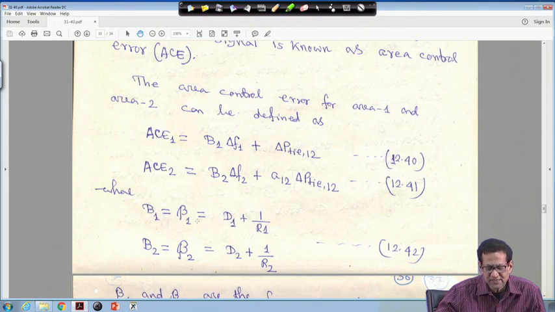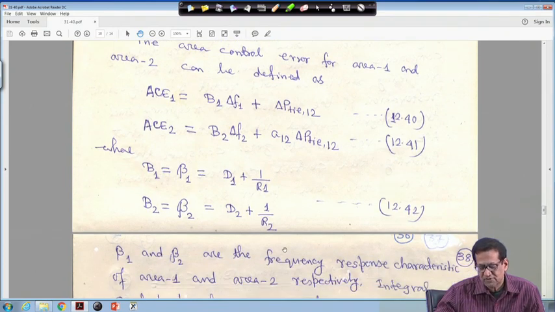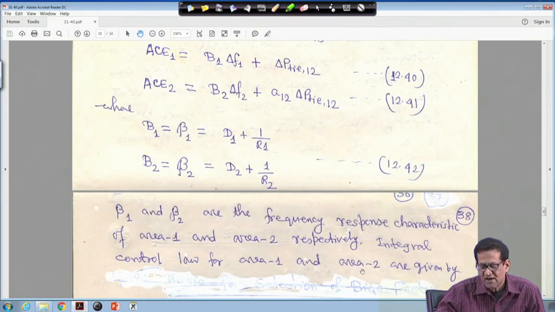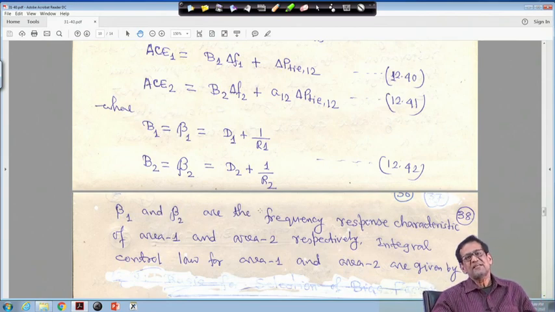B1 is equal to beta 1, which is D1 plus 1 upon R1, and B2 is equal to beta 2, which is D2 plus 1 upon R2. So beta 1 and beta 2 are the area frequency response characteristics of area 1 and 2 respectively. Thank you very much, we will be back again.